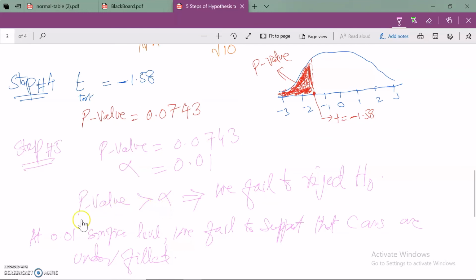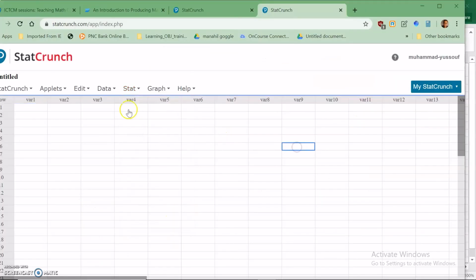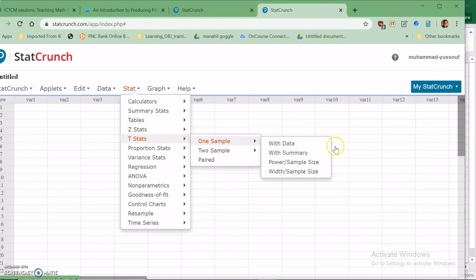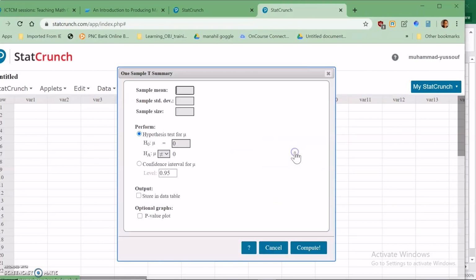Now I'm going to solve the same problem by using a technology called StatCrunch. Let's see how I do it in StatCrunch. I'm already in StatCrunch, and we go to Stat, T Stats, One Sample, with summary. Are you performing the hypothesis test? Yes.